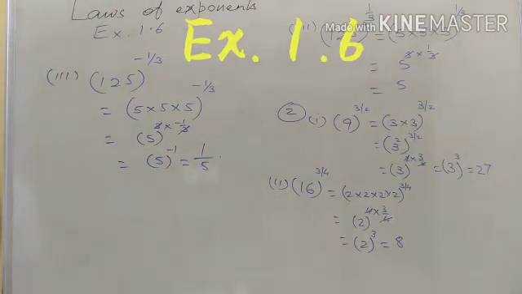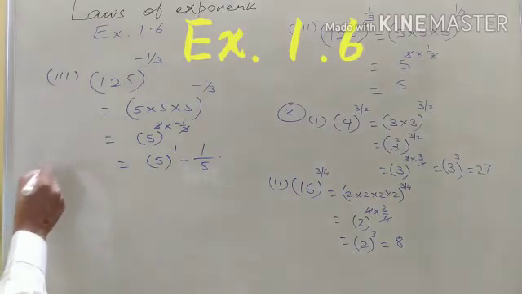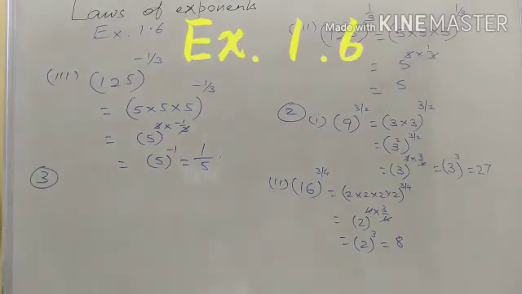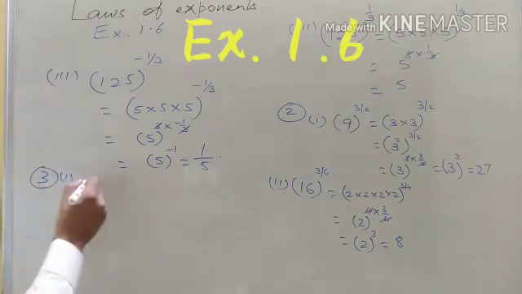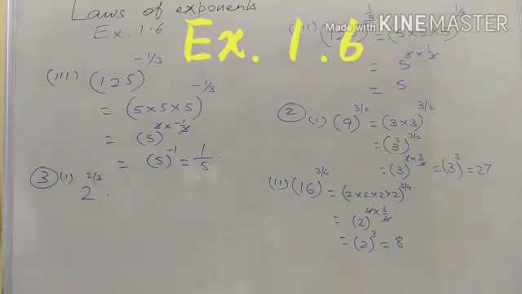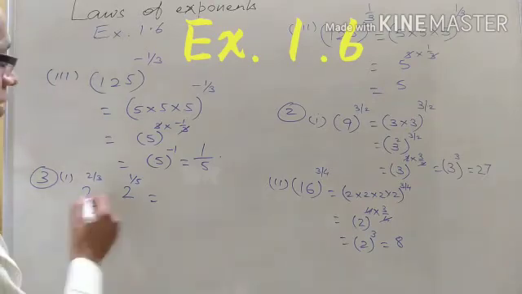Then question number third. In the third one, simplify 2 to the power 2 upon 3 into 2 to the power 1 upon 5. We know the very first law of exponents, a to the power m into a to the power n is equal to a to the power m plus n. So the base is the same.